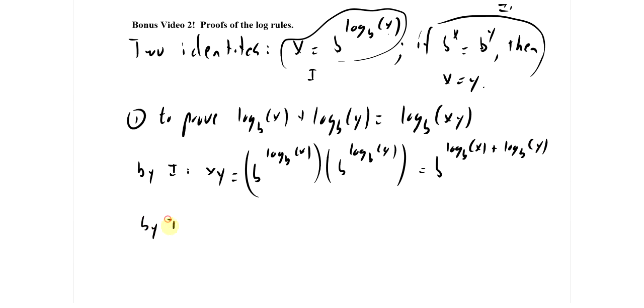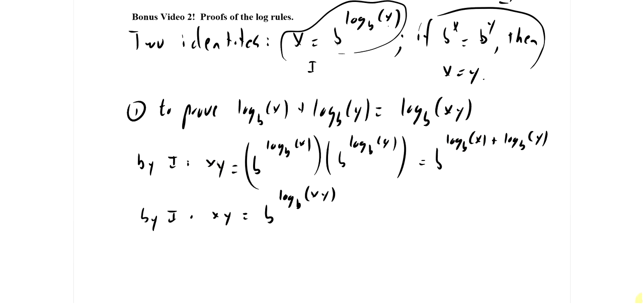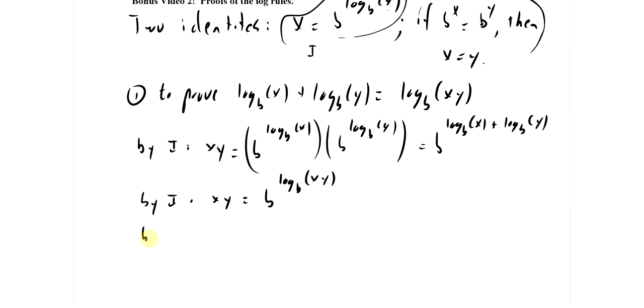Also, by 1, we can write x times y in a different way. X times y is b to the log base b of x times y. Excellent. So, what do we have? This equals x times y, which equals to that. So what do we have if we put those together?